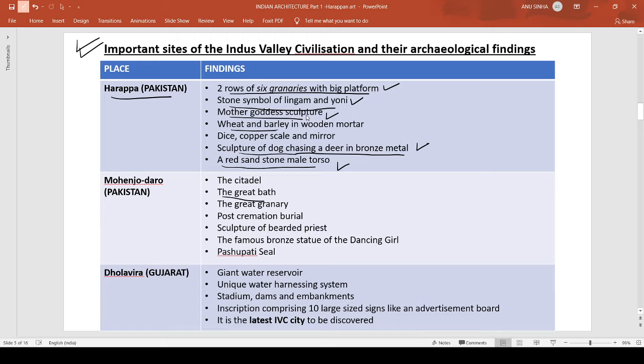You have to remember all these, ये हमें मिला है.